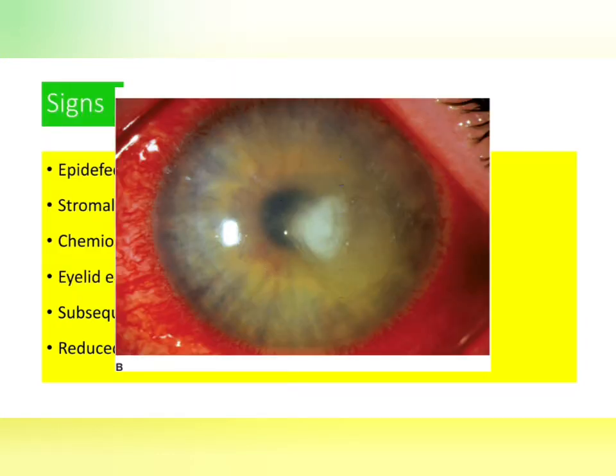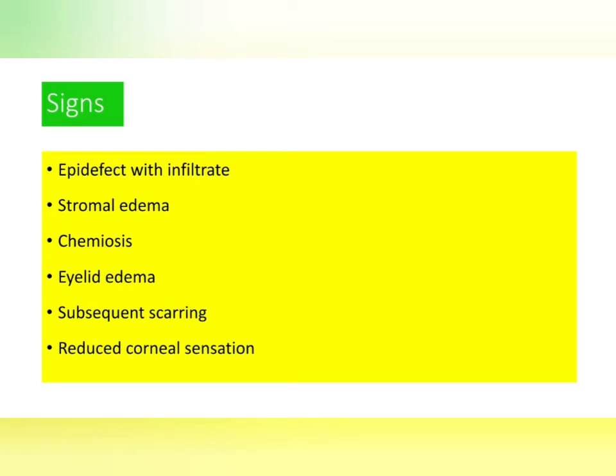Then stromal edema, chemosis, then eyelid edema, which I already told you, and subsequent scarring is seen in cicatrization. So if we see scarring peripherally and infiltration centrally, then you can understand that the keratitis is in regression mode.